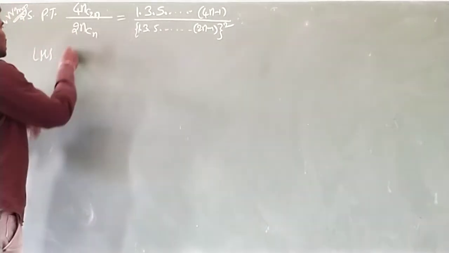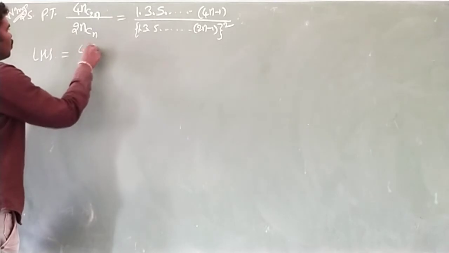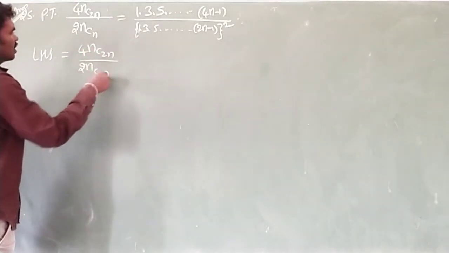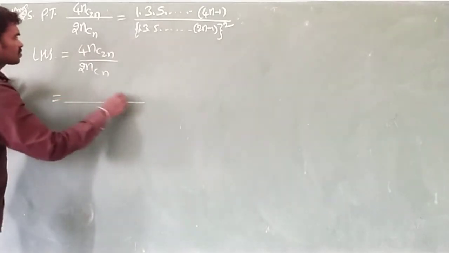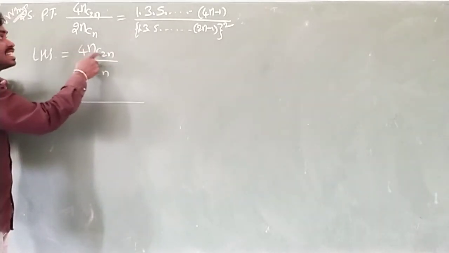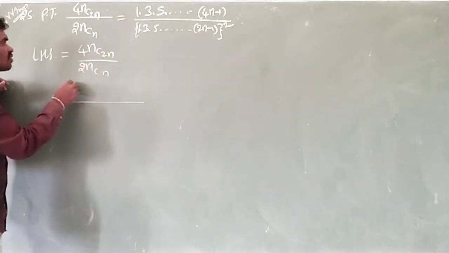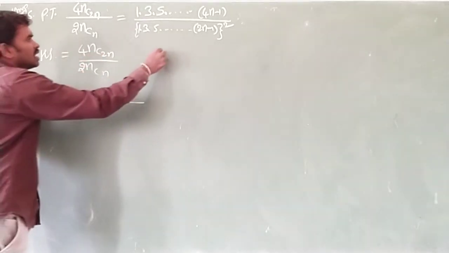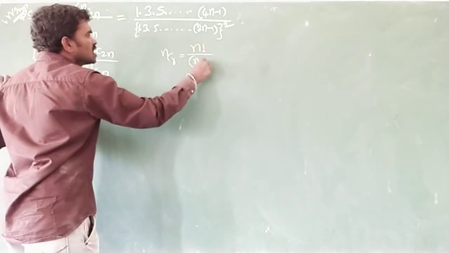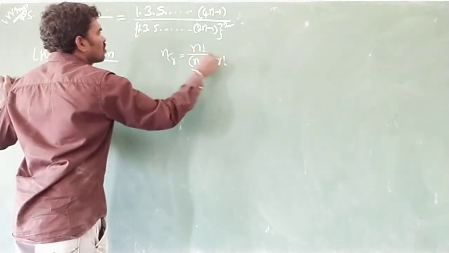So take LHS, that is 4nC2n by 2nCn. So 4nC2n means what? NCR formula. What is the NCR formula? Very good: n factorial by (n minus r) factorial into r factorial.